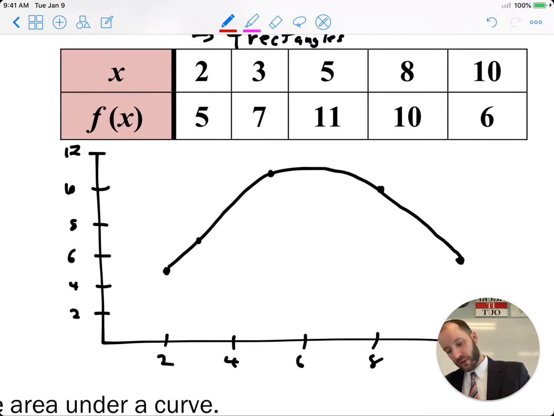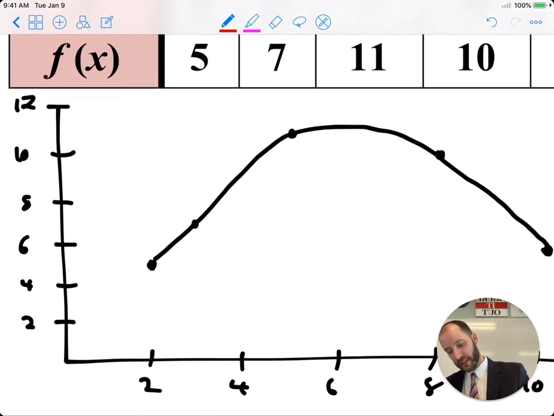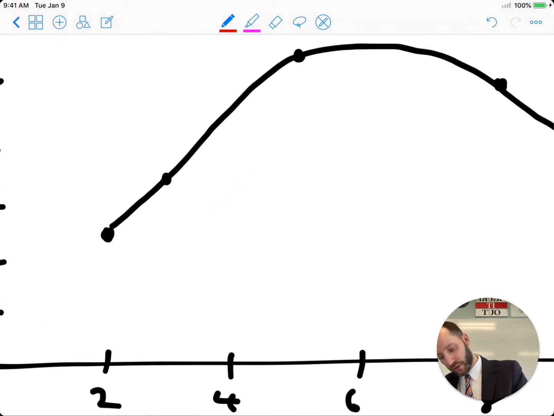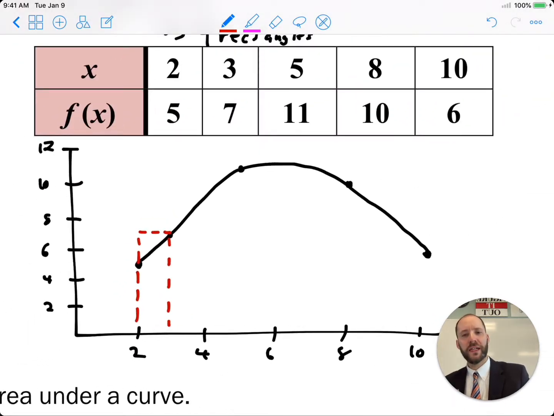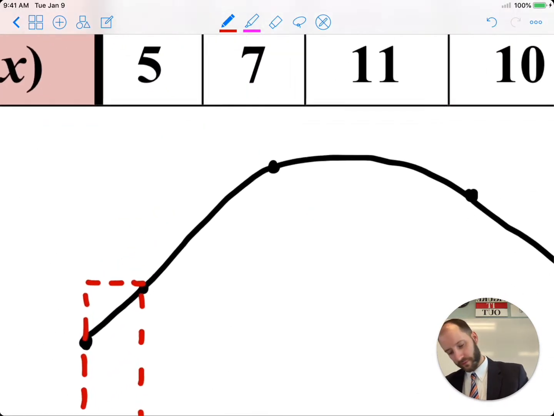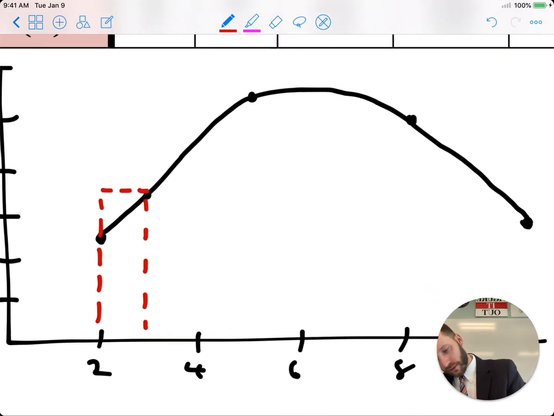So from 2 to 3, that's the first rectangle we're going to do. So there's our first rectangle. Then from 3 to 5, do this one next.